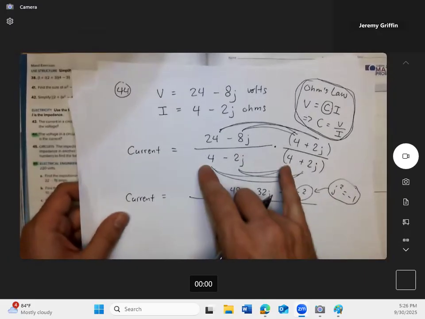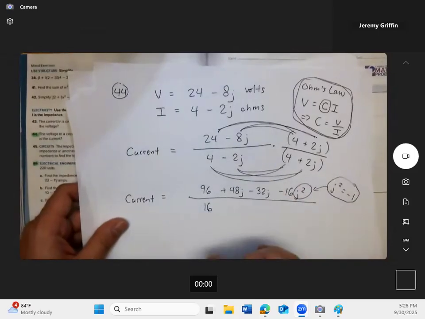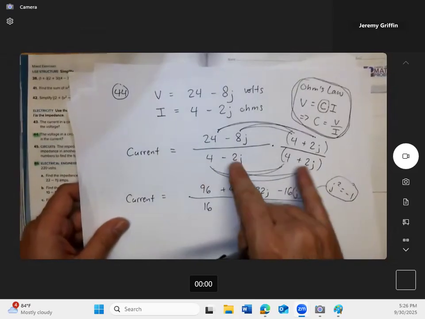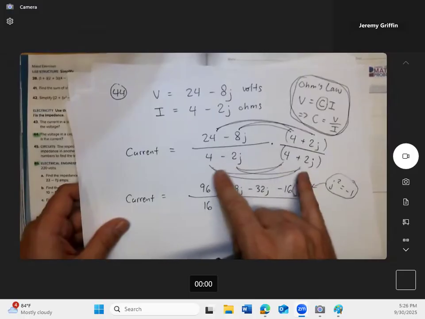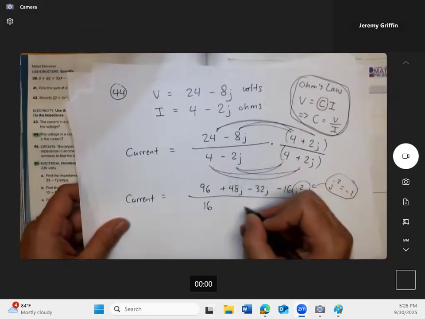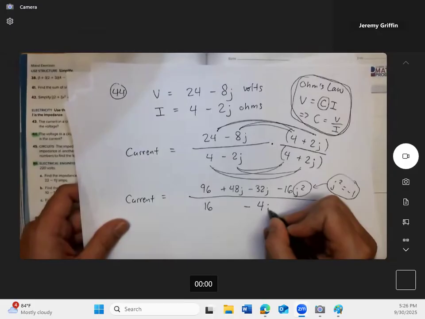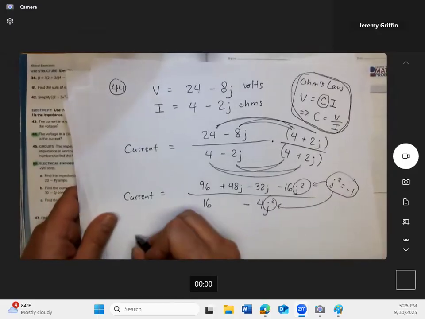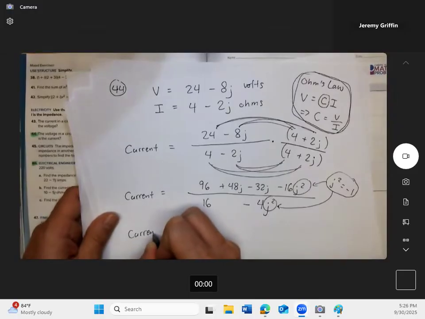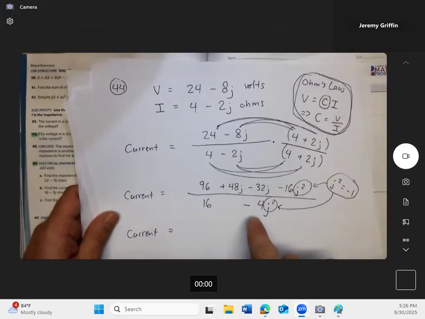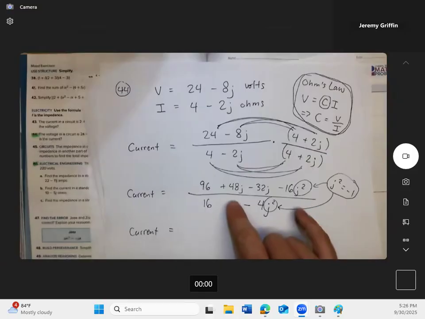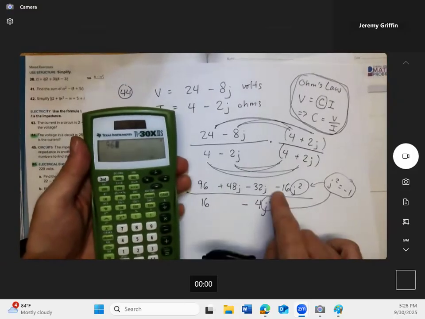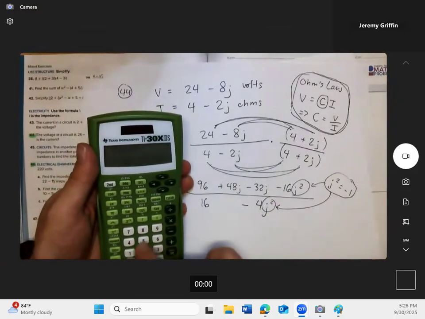And the denominator, 4 by 4 is 16. And then the outside inside cancels out. That's why I set it up this way. And then last is minus 2 times 2 is 4, j squared. Again, this j squared is -1. So the current equals, okay, clean this up. 96 minus 16 times negative 1, same thing as plus 16.